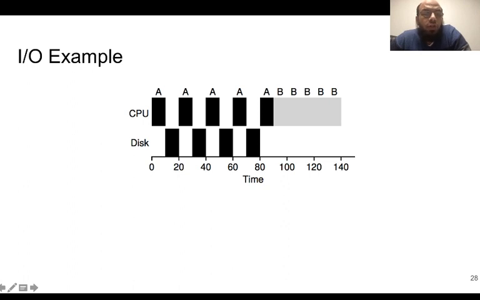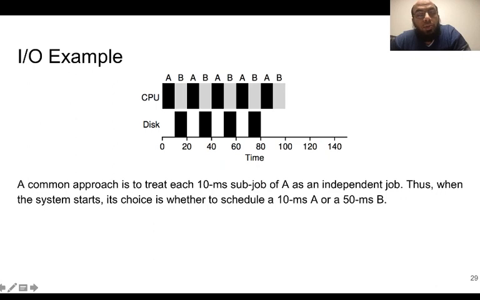And after A finishes, then B starts getting some CPU time. So if B and A both arrived at the same time, you can see how horrible that is because you had an idle processor and you had work to do, but you didn't do it because you just prefer to keep it idle.